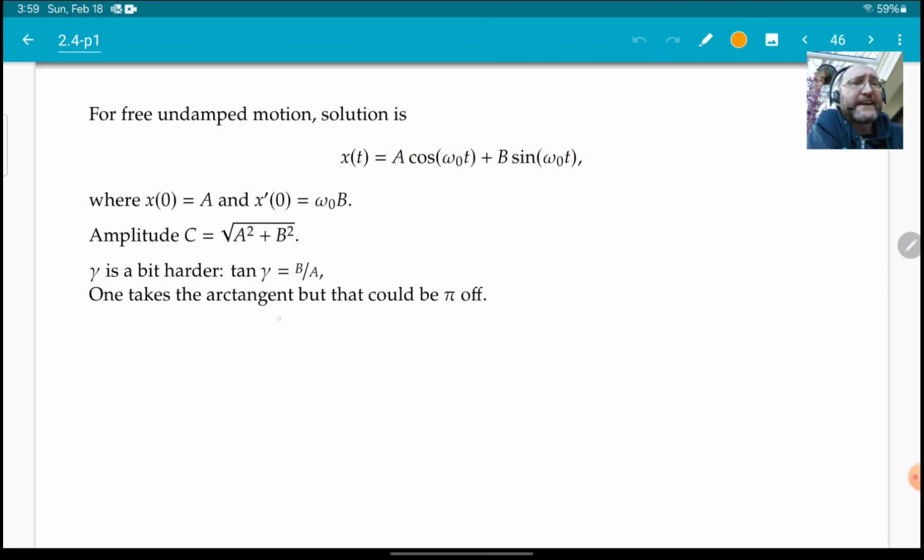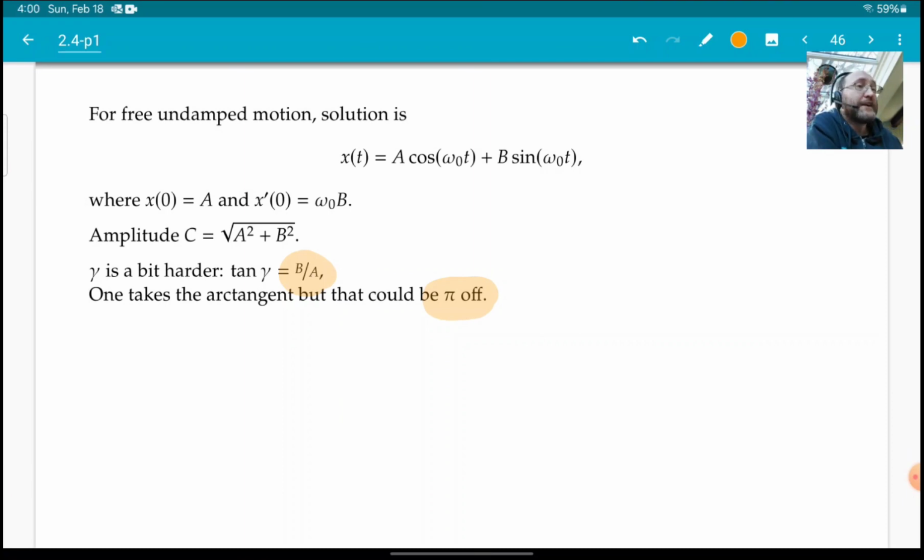One takes the arctangent, but that could be a pi off, right? So you might have to add pi after taking the arctangent. It's really because over here you lose the sign of a and b. If a is positive and b is positive, then it's the same thing as if you take minus of both.